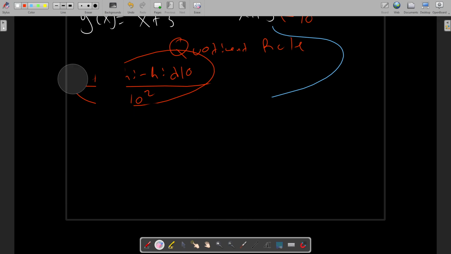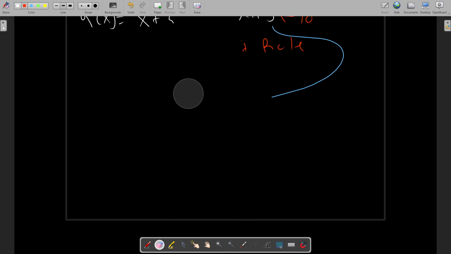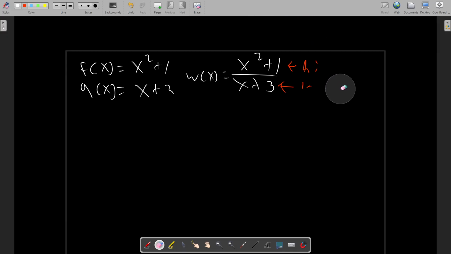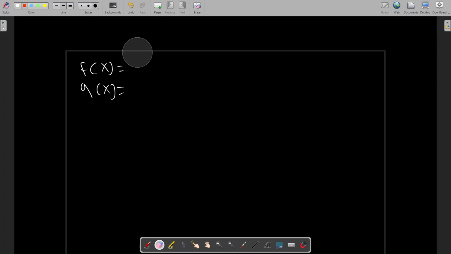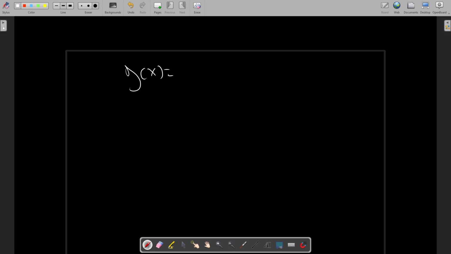So next, we're going to be exploring the chain rule. Now, the chain rule is probably the most important rule to know. They're all useful, but chain rule is very important. So what if you have a function that is, say, g of x equals 3x plus 1, and then that's all squared.